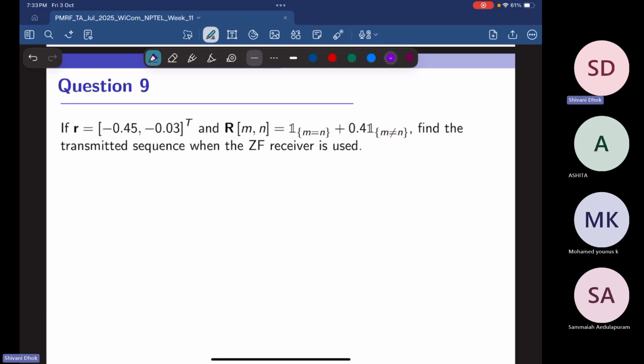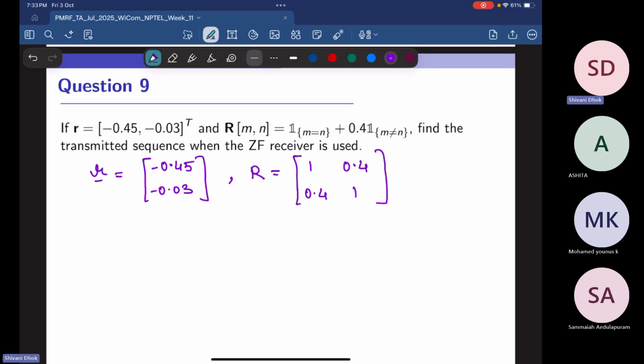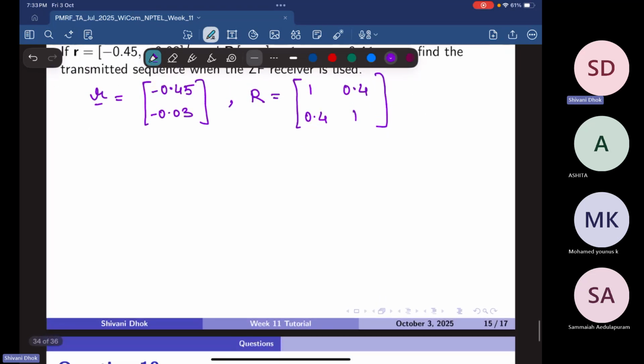So we have R as -0.45, -0.03, and your correlation matrix is given by 1, 0.4, 0.4, and 1.